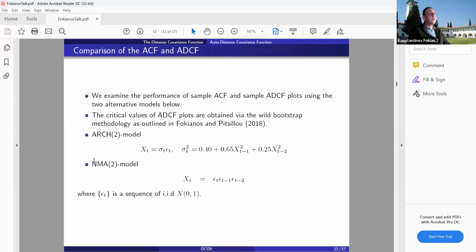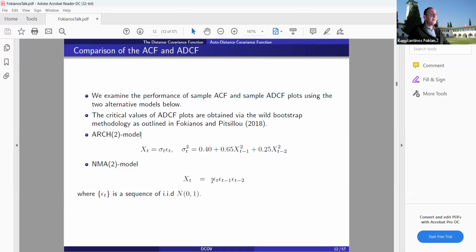I will also use a nonlinear moving average model given by this. This is also an uncorrelated sequence. Epsilon t here is IID normal(0,1), but it can be anything, as long as the mean is 0.